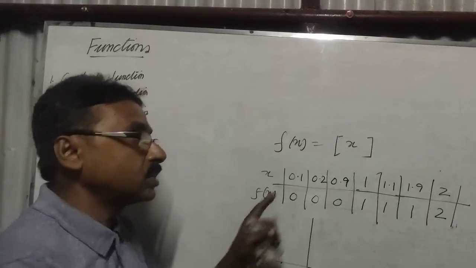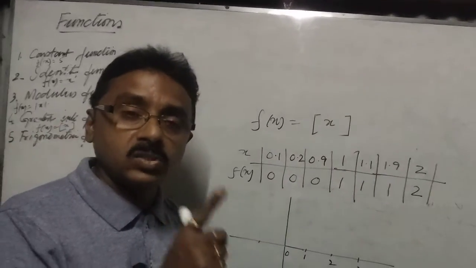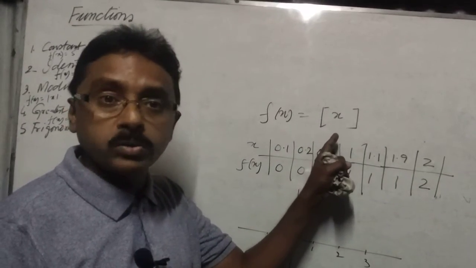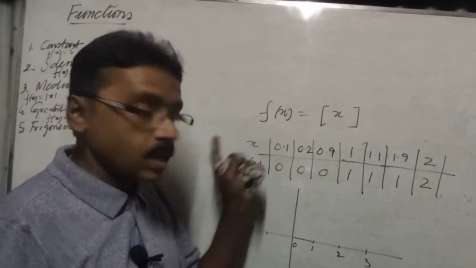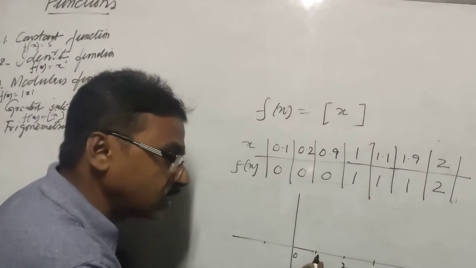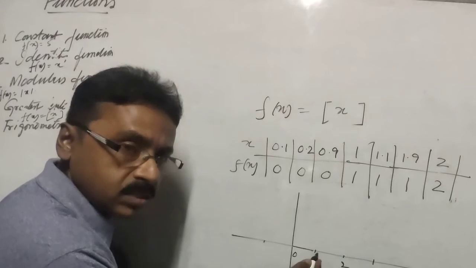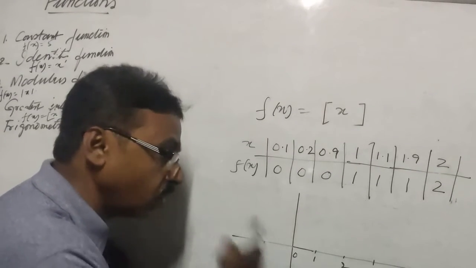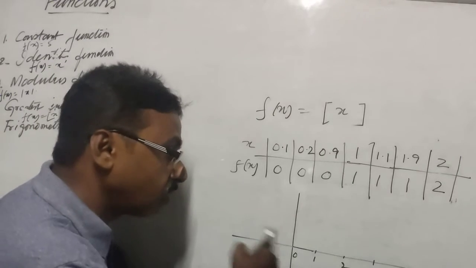Why? Because this function is the greatest integer less than or equal to x, that will be f(x). So whatever I am taking from 0 to very close to 1, these are all values of x. For all these values of x, f(x) is always 0, because 0 is the greatest integer which is less than this number.